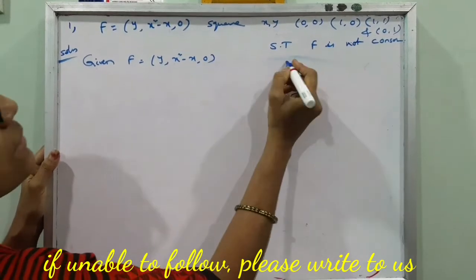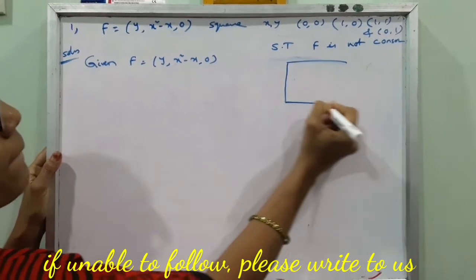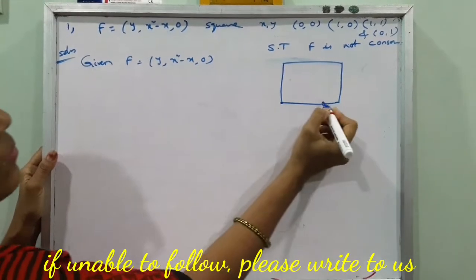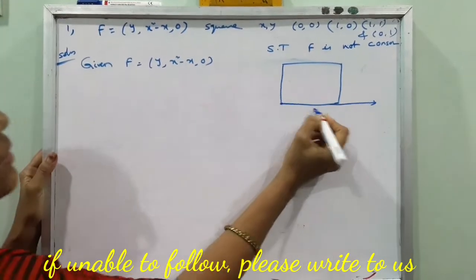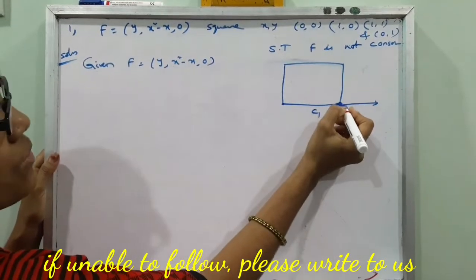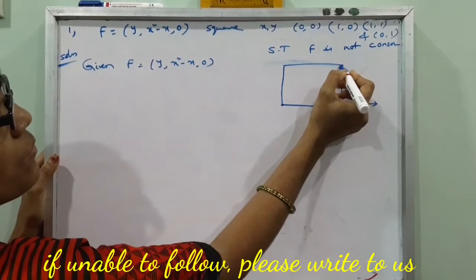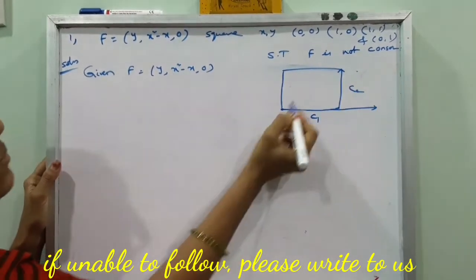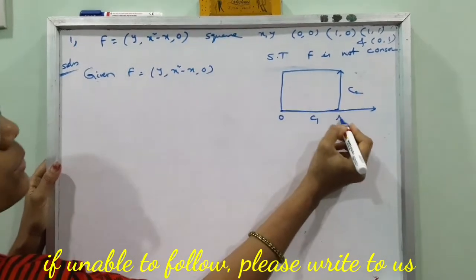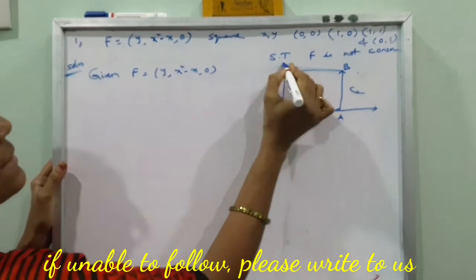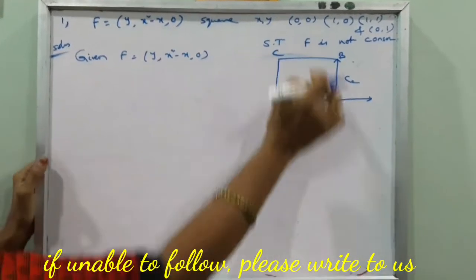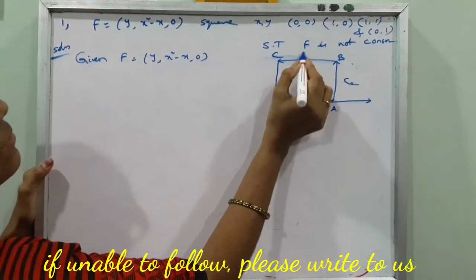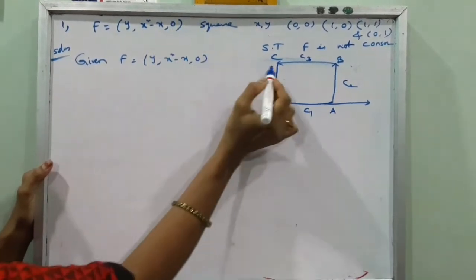Let us take a square. This is the curve C1, from here to here is curve C2. Let us take O, A, B, C; these are the vertices of the square. From B to C, curve C3.